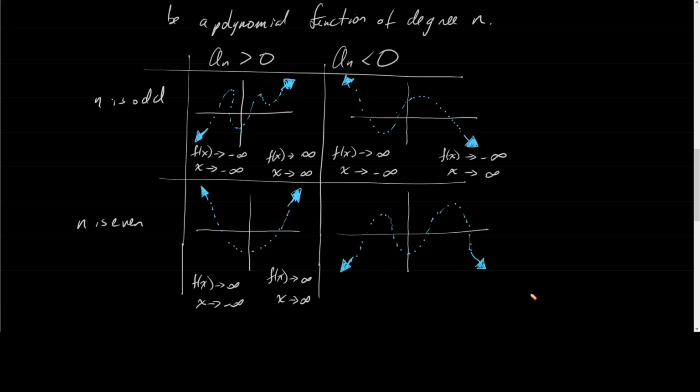It's just some polynomial of even degree with a negative leading coefficient. In here, we could describe the behavior as the function going to negative infinity as x goes to negative infinity. And on this part, the function is also going to negative infinity as x goes to positive infinity.